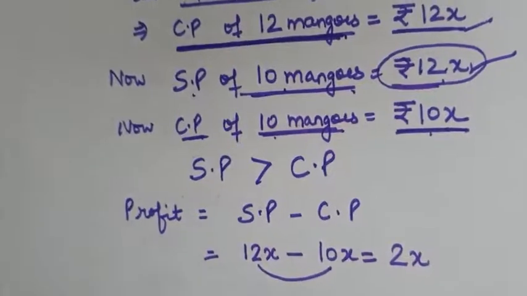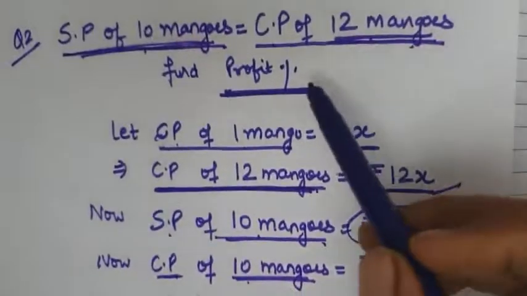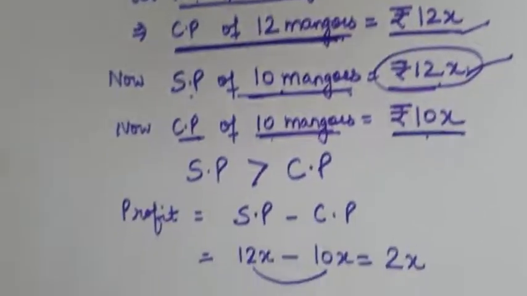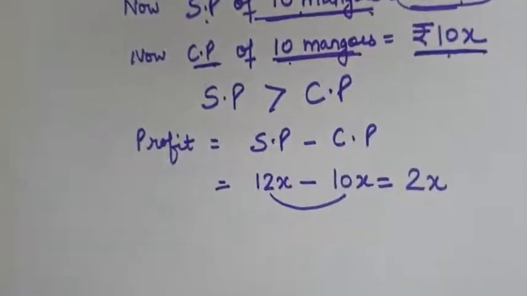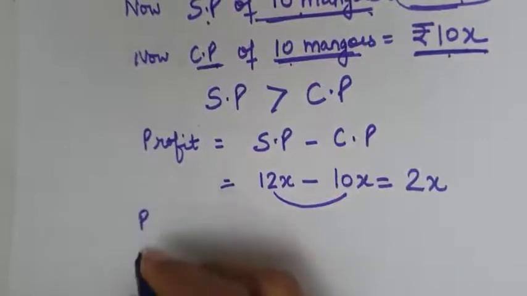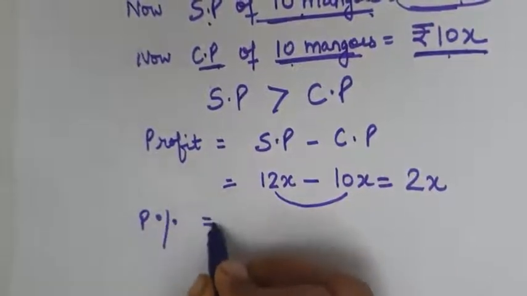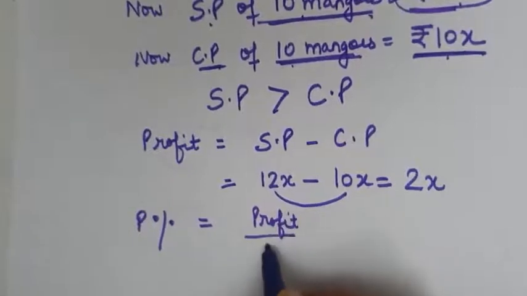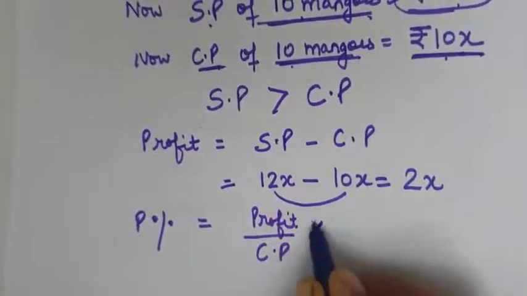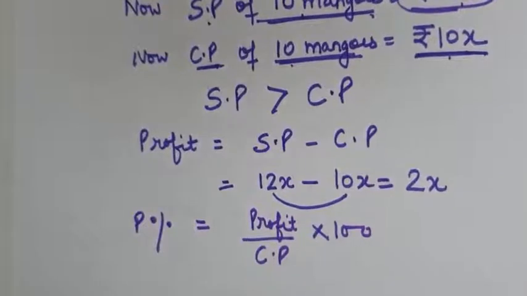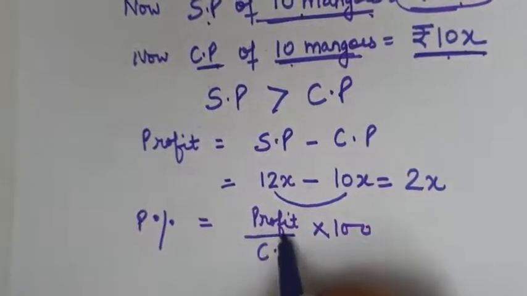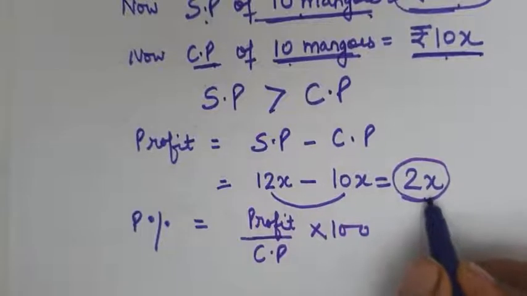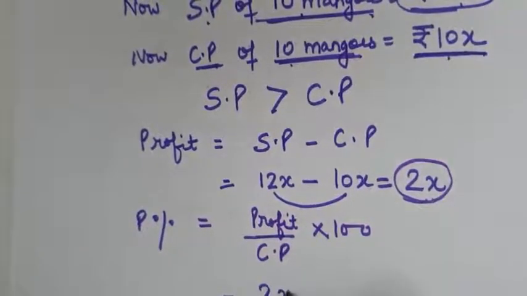Now we have to find what? We have to find the profit percentage. So what is the formula of profit percentage? Profit percentage is equal to profit upon cost price multiply 100. What is the profit? Yes, right now we have found that, it is 2x.